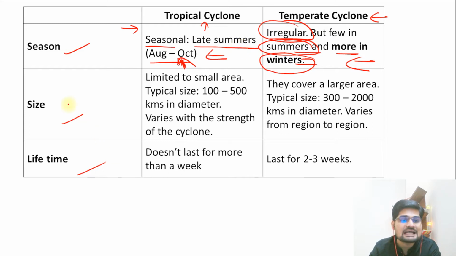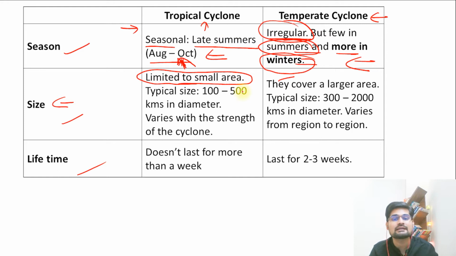Then in terms of size, what is there? The tropical cyclone is limited to a smaller area in comparison to the temperate one, about 100 to 500 kilometers. While the diameter of the temperate cyclone varies from 300 to 2000 kilometers. So that is the difference on a larger scale.